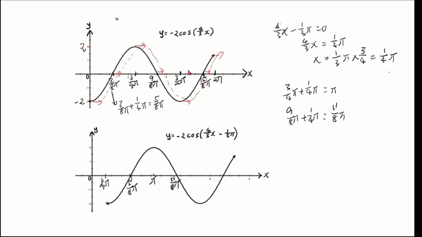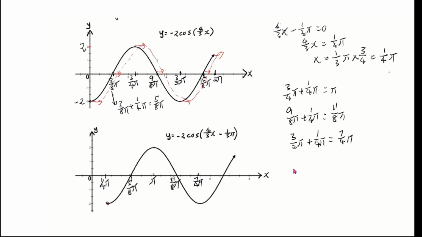Then when we come to the minimum point, before shifting it is 3 over 2 pi. After shifting, where we plus 1 over 4 pi, we will get 7 over 4 pi. So we label here 7 over 4 pi.